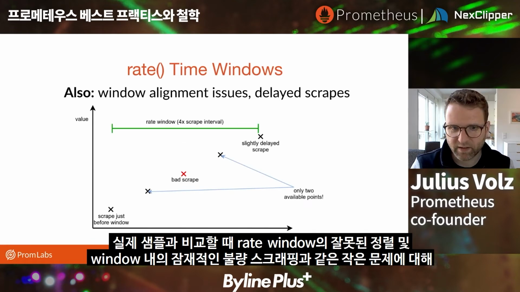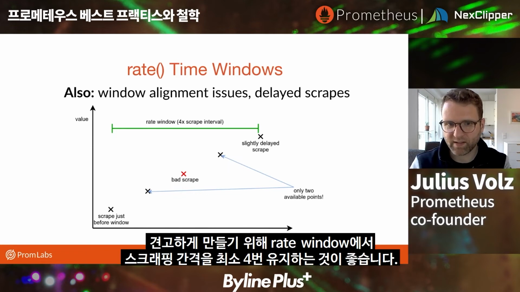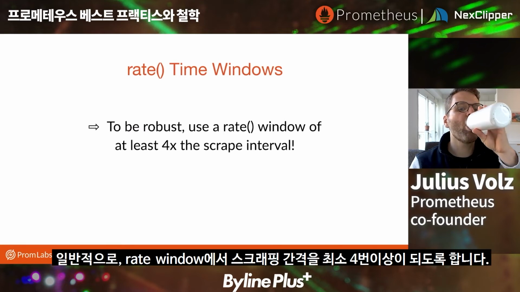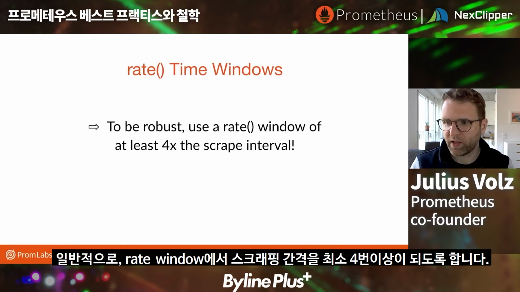So it's a good practice to keep your rate windows at least 4 times the scrape interval to make them robust against small issues such as a bad alignment of your rate window in comparison to the actual physical samples and potential bad scrapes under the window. It's nice to be sure that you always have at least 2 samples under the window to create a rate from. So generally, try to make your rate windows at least 4 times your scrape interval.